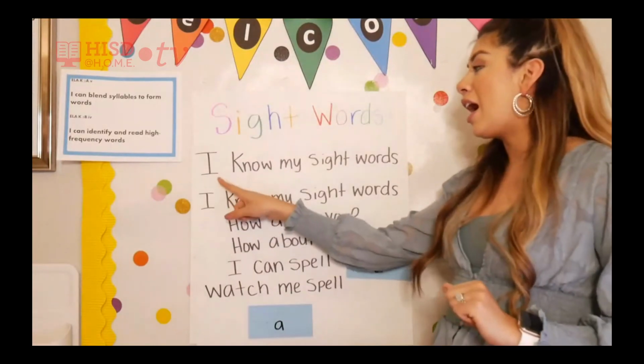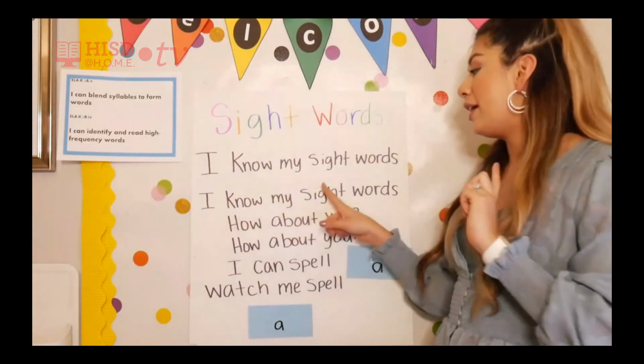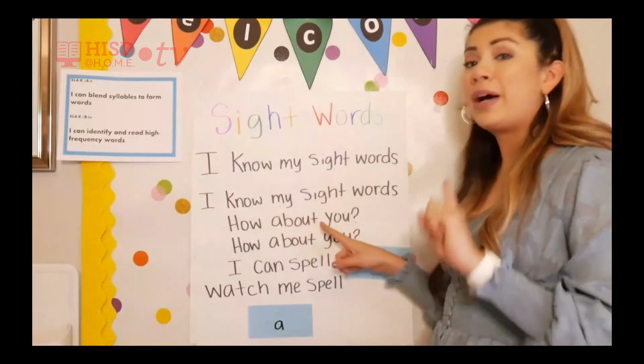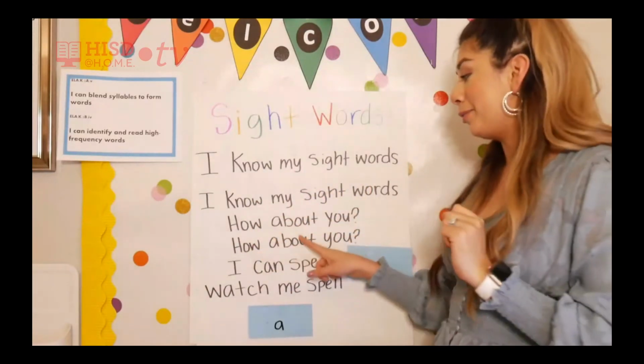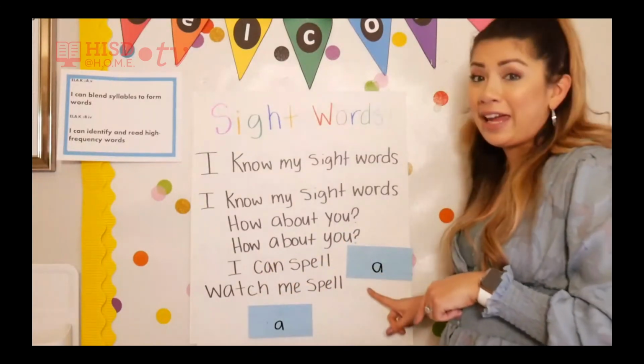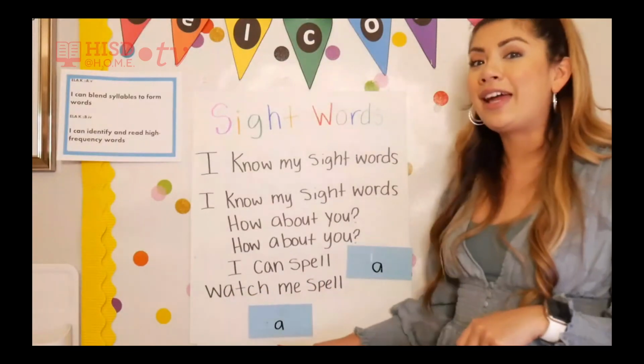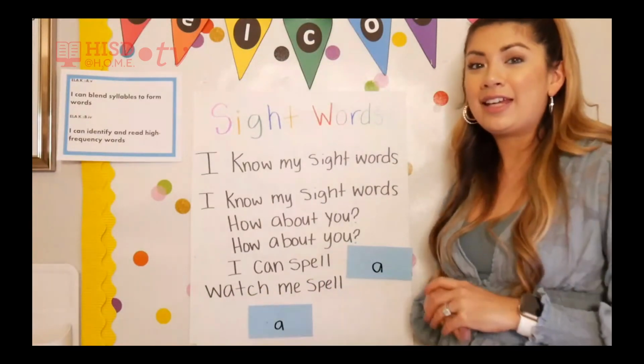Here we go. I know my sight words, I know my sight words. How about you? How about you? I can spell A. Watch me spell. A. Easy, right?